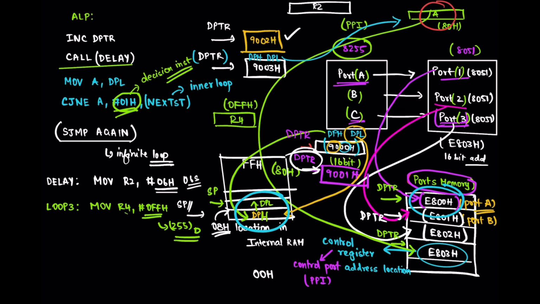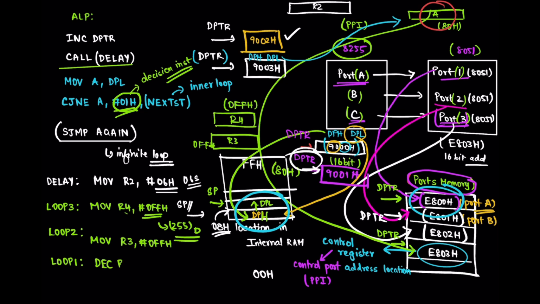And then I'm going to define another nested loop, loop 2, in which I'm going to write MOV R3, the same #0FFH. So I am initializing another register R3 with 0FFH. And in this I'm going to define another nested loop in which I'm going to perform decrementation of R3.